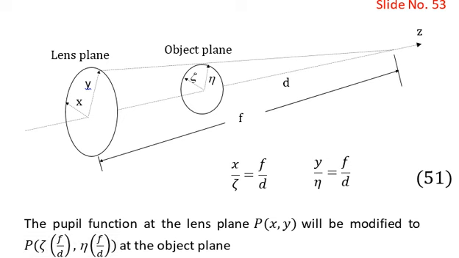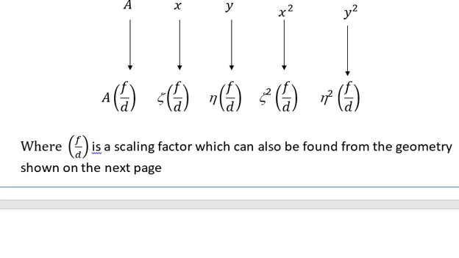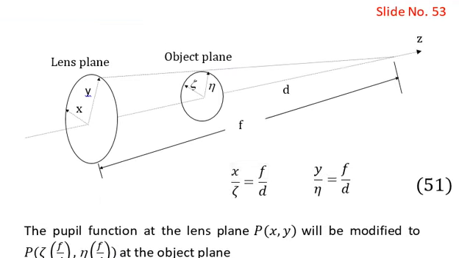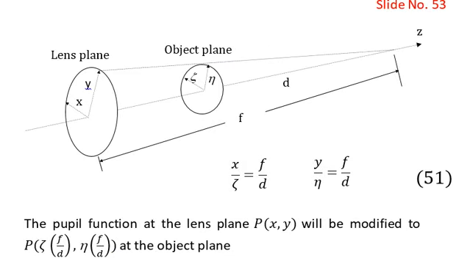Now we have to find out the value of x and y. Finding the values of x and y and substituting in the pupil function, where we had left these terms blank, we are going to replace the arguments of the pupil function by the values of x and y, calculated using equation number 51 and not by the Fourier optics.